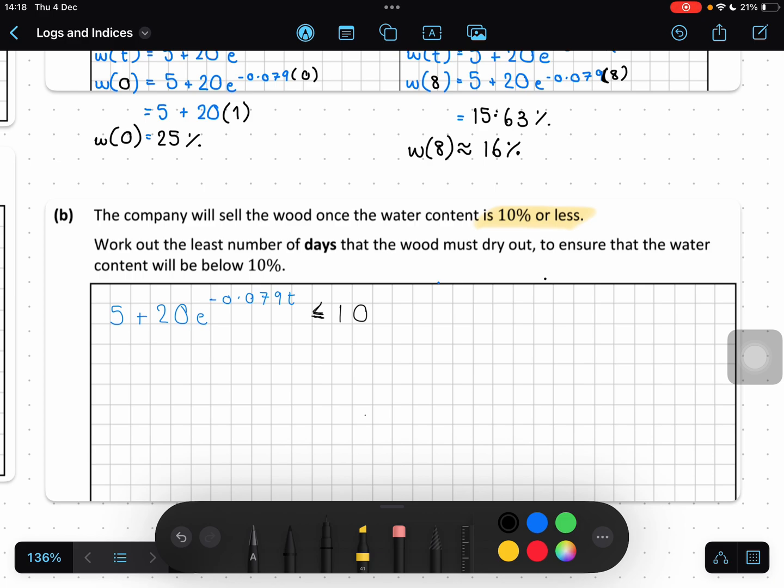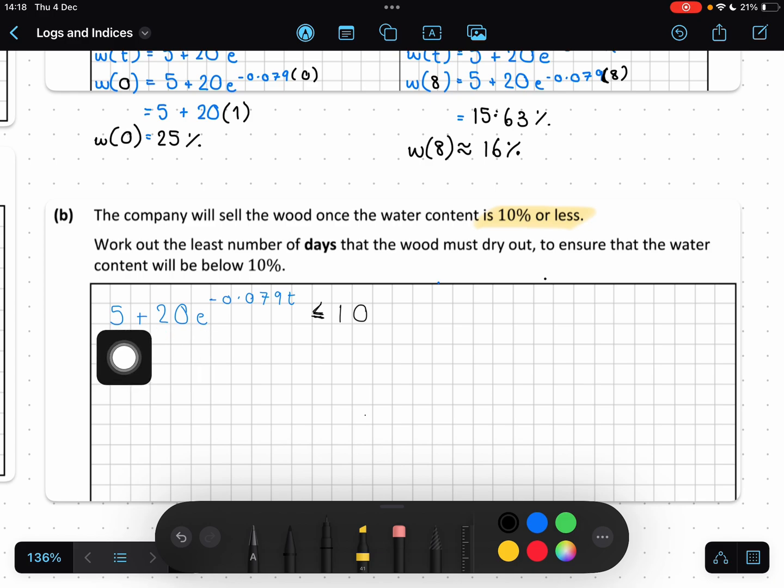Remember, we rearrange the exact same way with an inequality as we would with an equals, except if we multiply or divide across by a minus. I'll start it as an inequality. Maybe I might go through it with an equals as well, but let's do it as an inequality first.